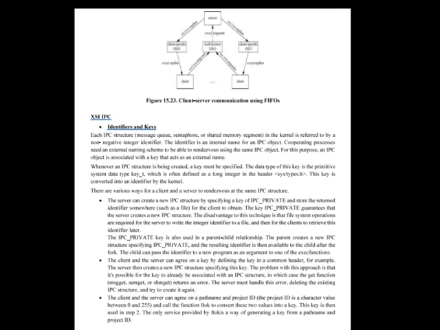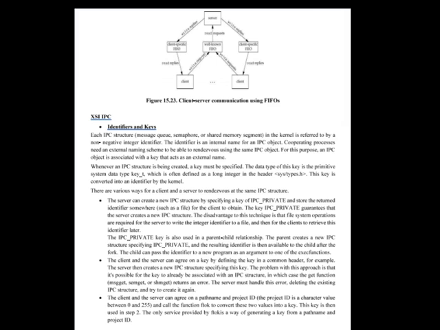After the fork, the child can pass the identifier to a new program as an argument to one of the exec functions. The client and the server can agree on a key by defining the key in a common header. The server then creates a new IPC structure specifying this key.